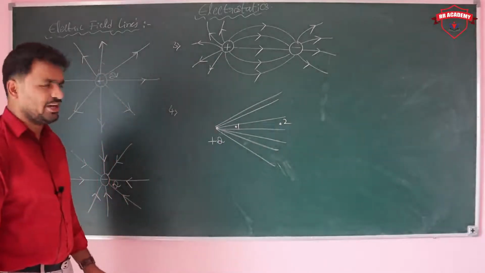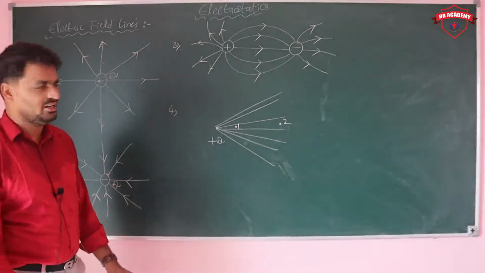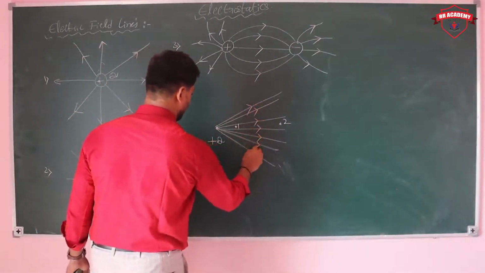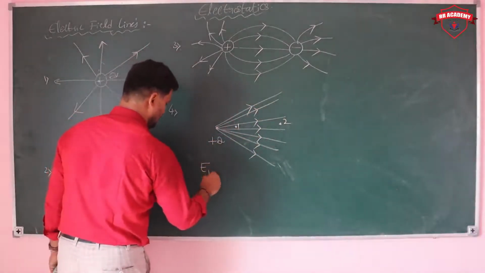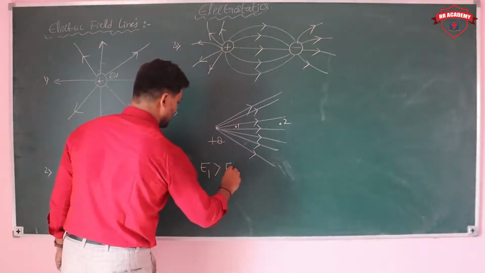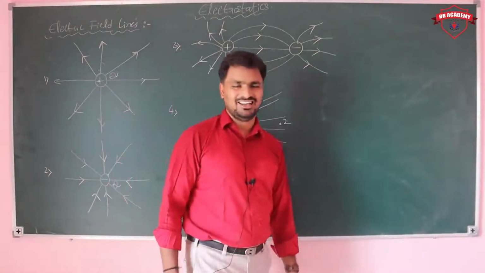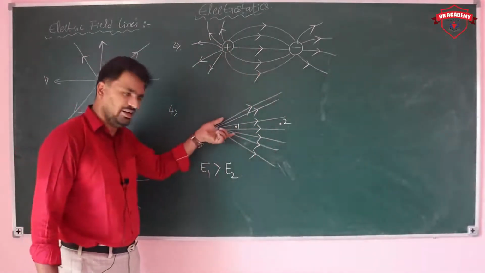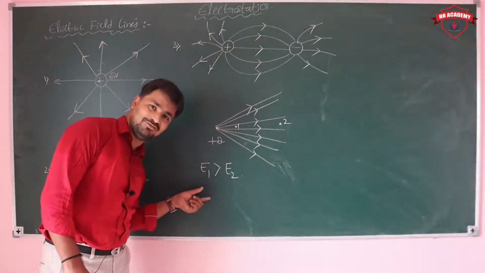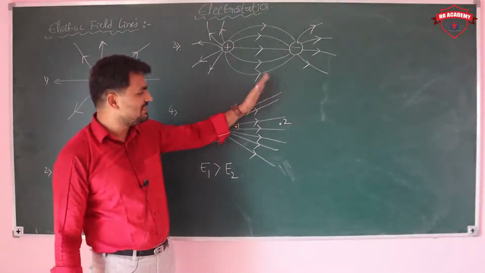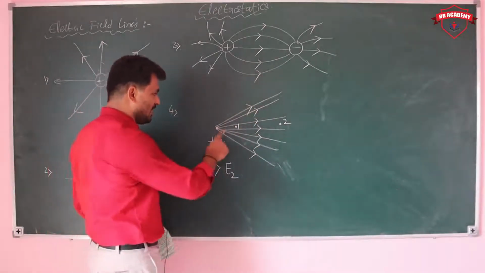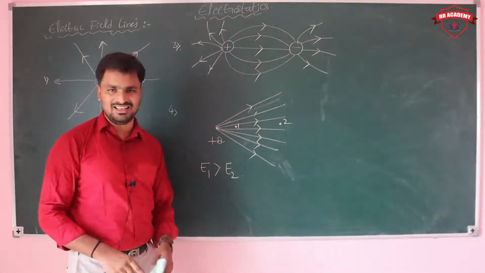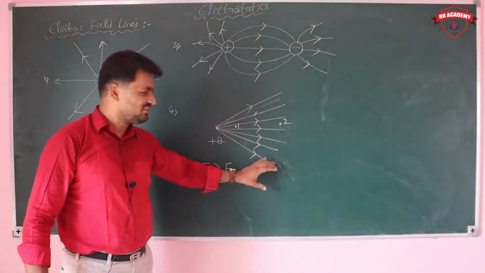Among point 1 and point 2, where do you have the maximum field? You have the maximum field at point 1. E1 is greater than E2. Where the field lines are crowded, the field strength is more. Where the field lines are wider, meaning away from each other, the field strength is less.